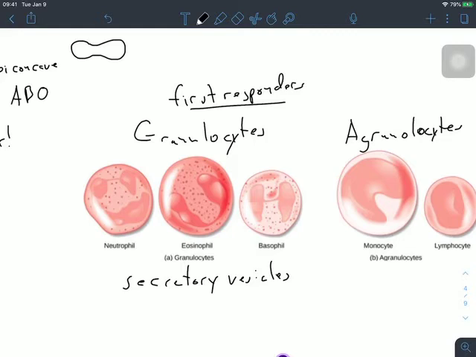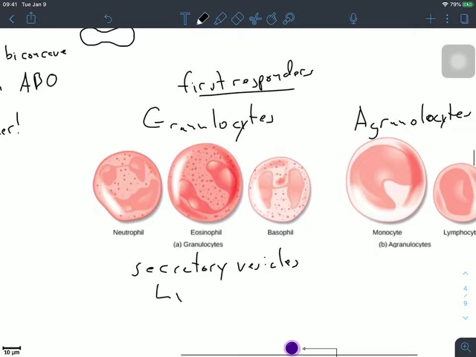They can have antimicrobial agents, so proteins that deal with microbes very well, and enzymes that break down bacteria, specifically like the enzyme lysozyme, that's going to dissolve the cell walls of gram-positive bacteria.